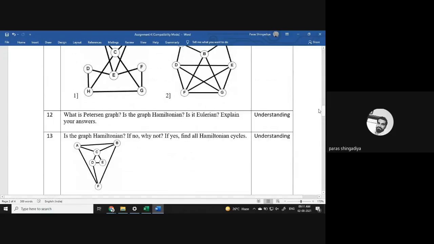Here you have to first draw the graph. What is the shape of the Peterson graph? Consider 10 vertices, 5 outside and 5 inside. Connect the outside vertices to create one pentagon, and then connect the inside 5 vertices to create one star.